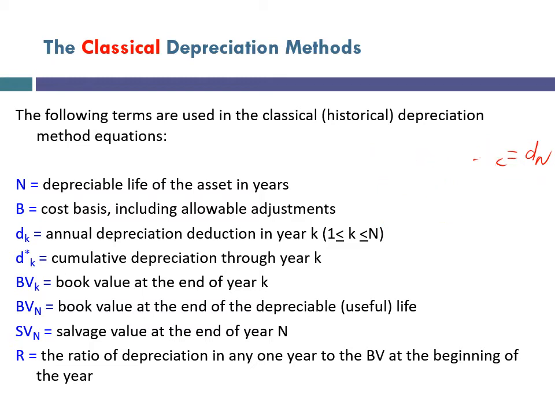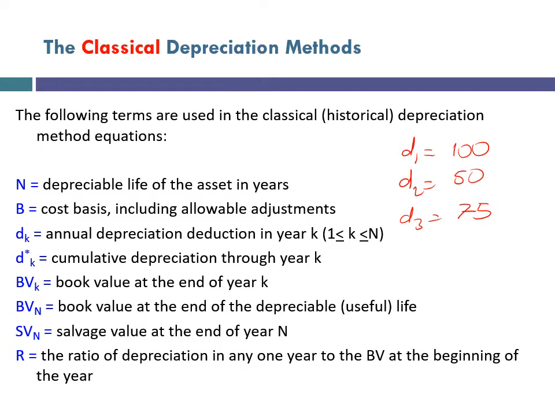Of course, when you have these depreciation amounts, let's say that D1 is the depreciation amount in year 1. Let's say we calculated it to be 100. Let's say D2 is 50, depreciation in year 2. D3 is 75, depreciation in year 3.